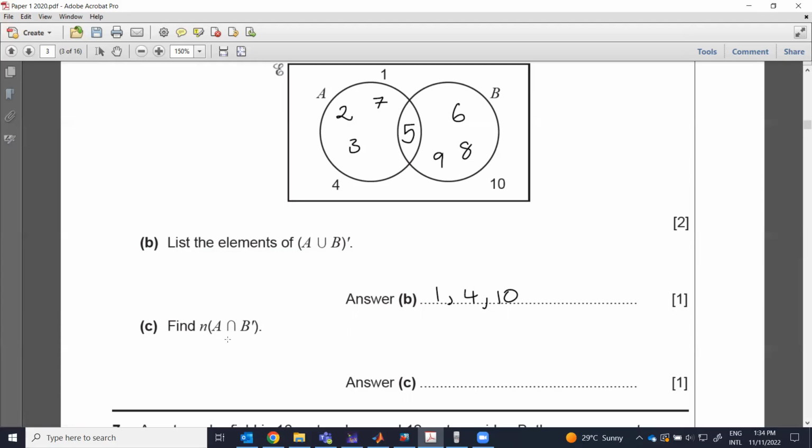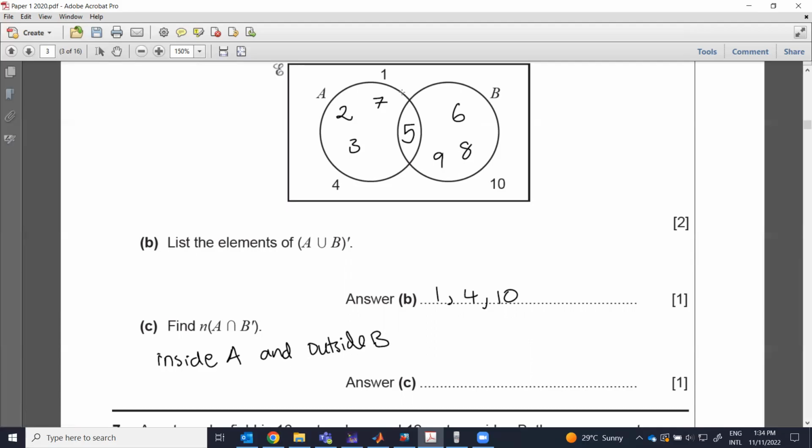A intersect B means it must be inside A. And then remember, intersection means and, and B complement means not in B, so outside B. So we're looking for the numbers that are inside A as well as outside B.